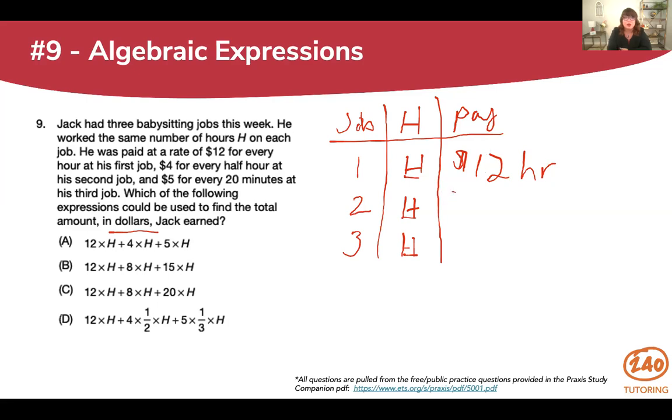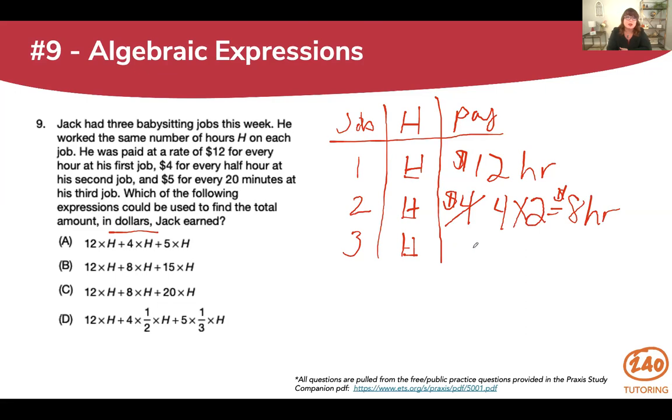It said $4 for every half hour. Well, if that were for half hours, in 1 hour, if we change it to hour increments, we would have to do 4 times 2, which would be 8. So here he's getting paid $8 an hour.